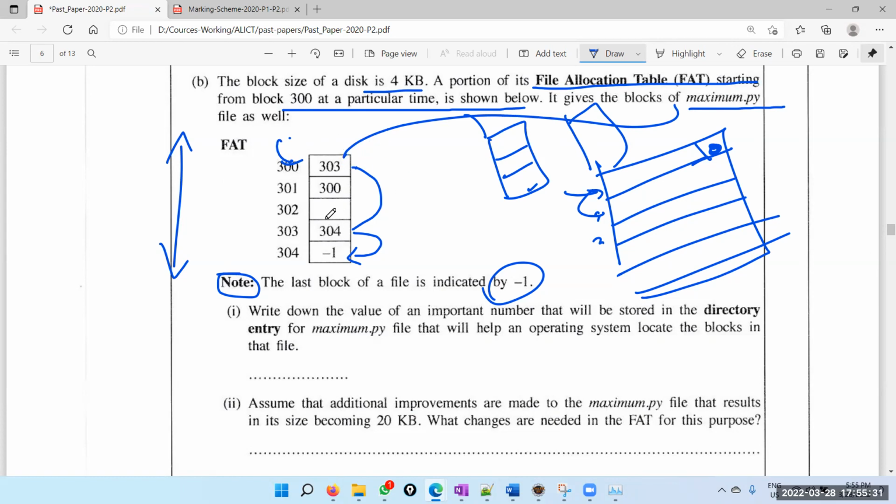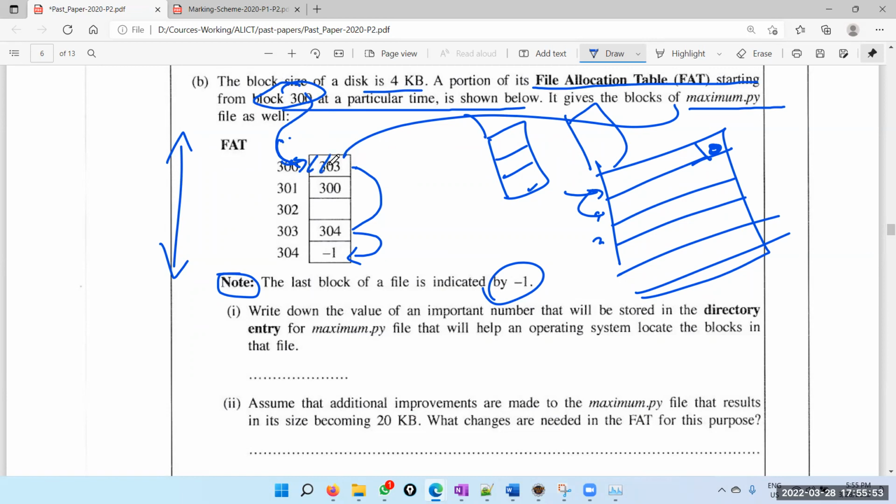Then the rest of the stuff is in block number 303. Sorry, does it say the starting point? No, it says starting block is 300. Okay. So you have to start from here.